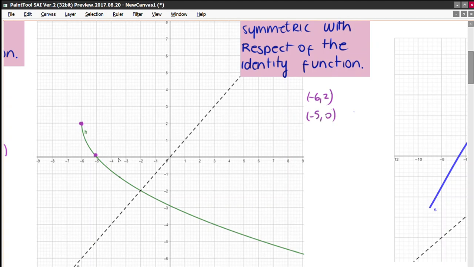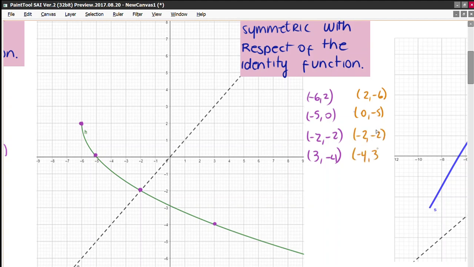Another easy point is this one, -2, -2. And let's choose another one. Here's another one, 3, -4. So I know that the inverse function is going to have the inverse coordinate pairs, and they look like this.